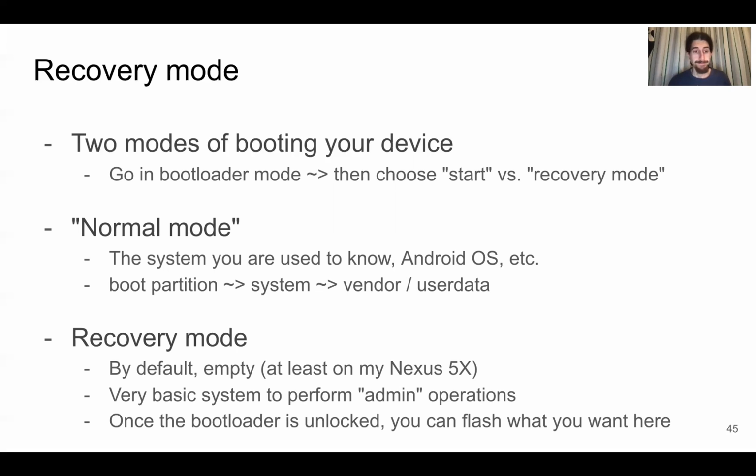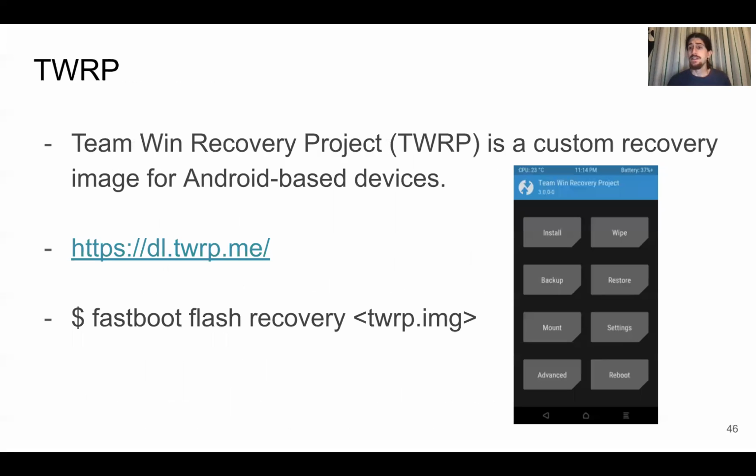That's also very important. In terms of recovery partition, what would you want to flash? Well, if you need to do some weird experiments, root your device and things like this, it's frequent to use a project such as Team Win Recovery Project.